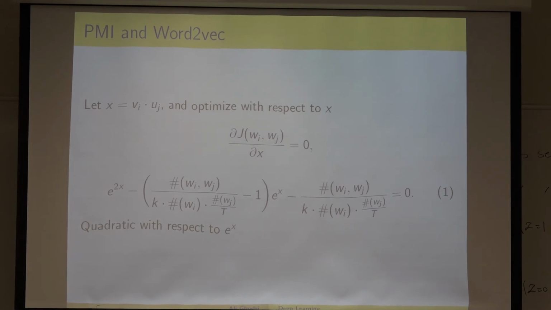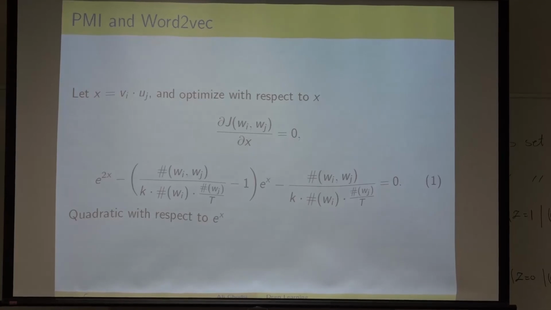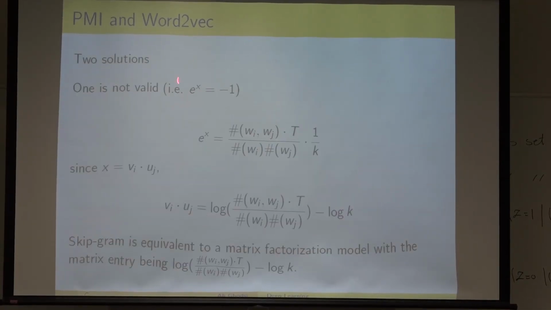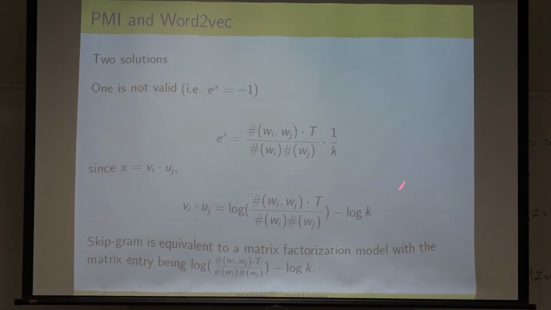Then over x, I have a quadratic function which I can solve in closed form. This quadratic function has two answers. One of them is invalid, and the other one, which is valid, is this. So basically, e to the power of x optimizes my objective function. You can prove that. And x was Vi times Vj. If e to the power of x equals this, it optimizes the objective function that I had in negative sampling.